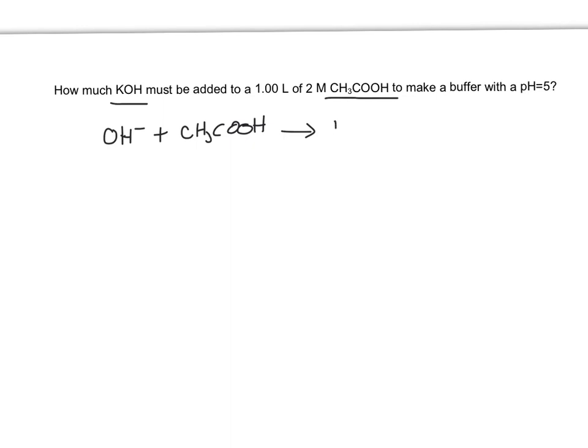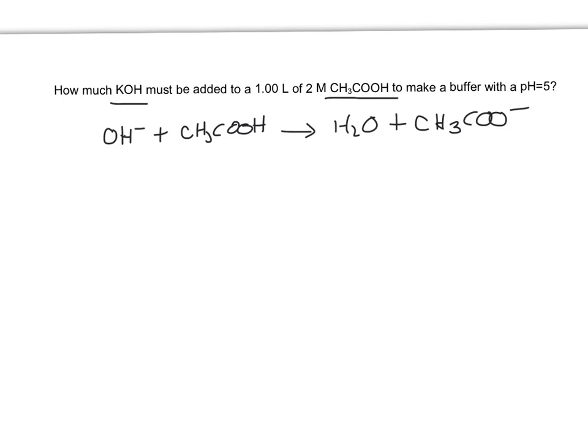So I'm going to form water and acetate ion. And once I do that, look at that. Now, if you have some leftover of this and some of this formed, I would have made a buffer. Isn't that cool? I thought that was really cool when I first looked at this problem.